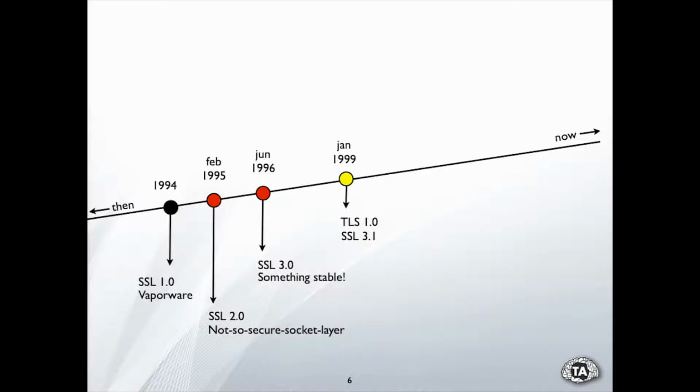And at this point, it wasn't Netscape anymore who created it, but it was handed over to an organization called the IETF, the Internet Engineering Task Force, which built on top of what Netscape had made, SSL 3.0. But because it's something security and complexity related, what's the first thing you do?